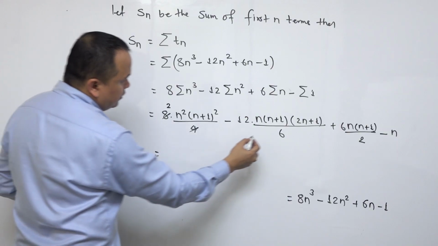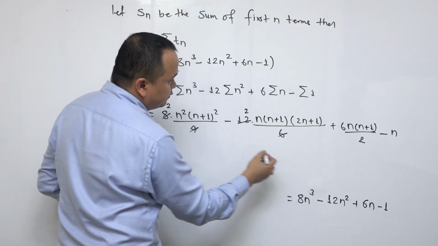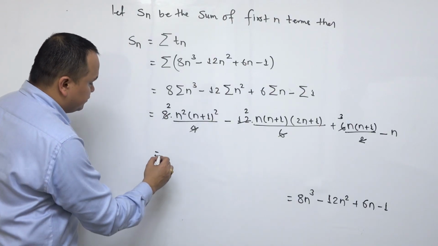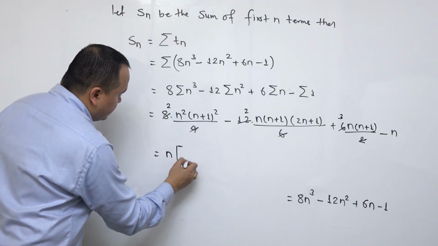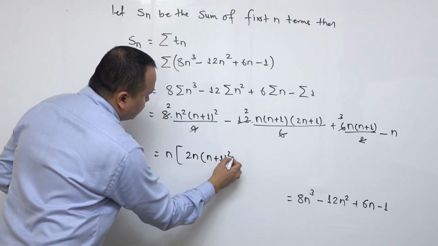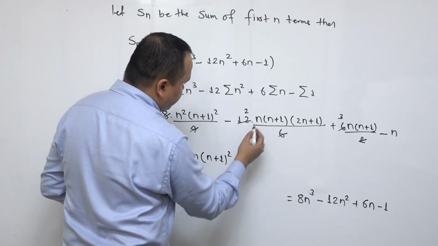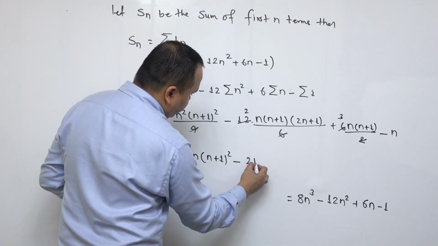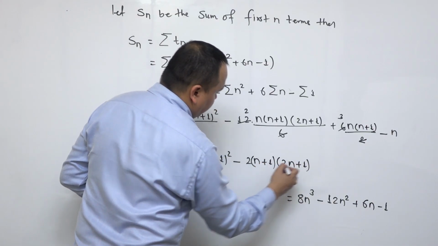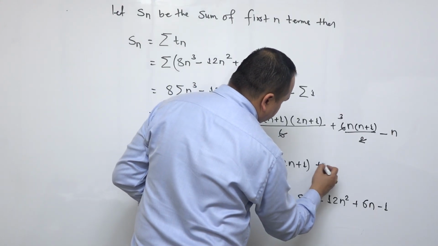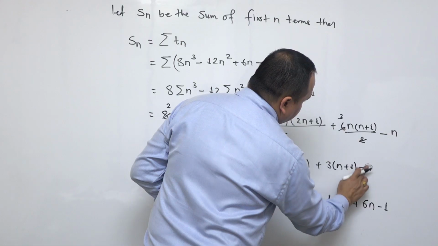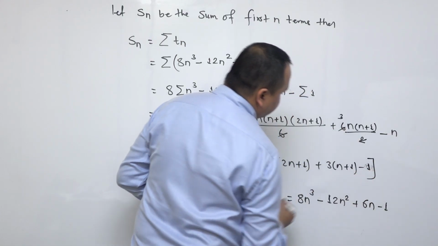Here n is common, then 2n times n plus 1 whole square minus 2 times n plus 1 times 2n plus 1, plus 3 times n plus 1, minus 1, because n is common.